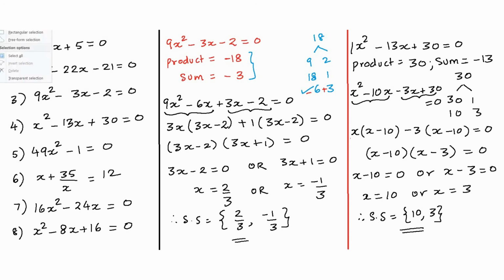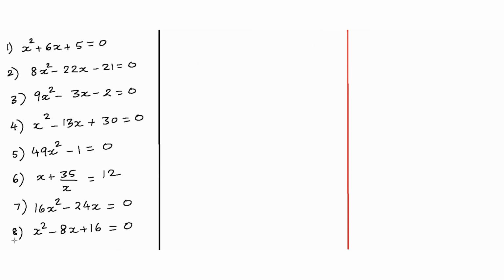Okay, moving on to the next set of questions. The next equations are 49x square minus 1 is equal to 0, and x plus 35 upon x is equal to 12, right? So what I can do here is 49x square can be written as 7x the whole square minus 1 square is equal to 0.